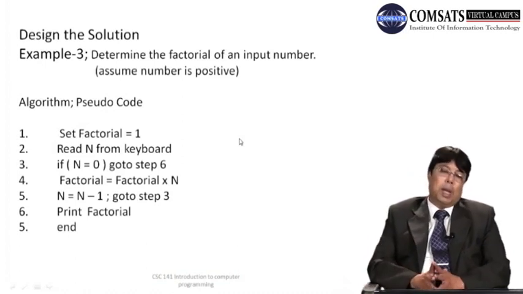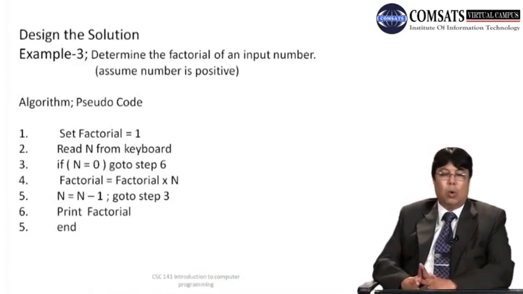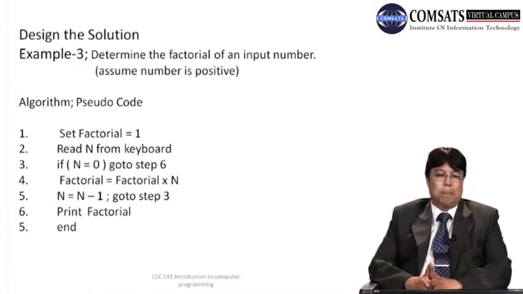Okay, read n from keyboard. IO statement, then test statement. If n is equal to 0, go to step 6. This is very useful, go to.